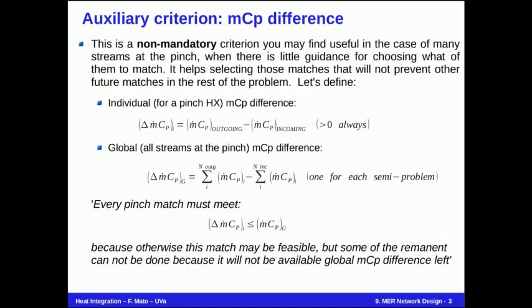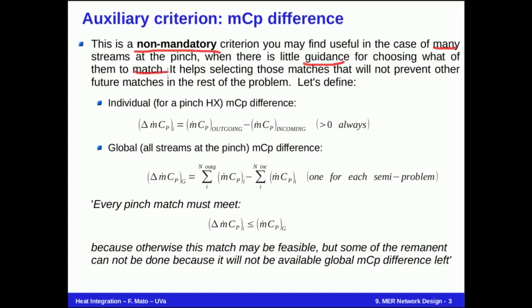As a guide for completing the network, we have another criterion, the MCP difference. This is a non-mandatory criterion that can be useful in the case of many streams at the pinch, when there is little guidance for choosing which of them to match.